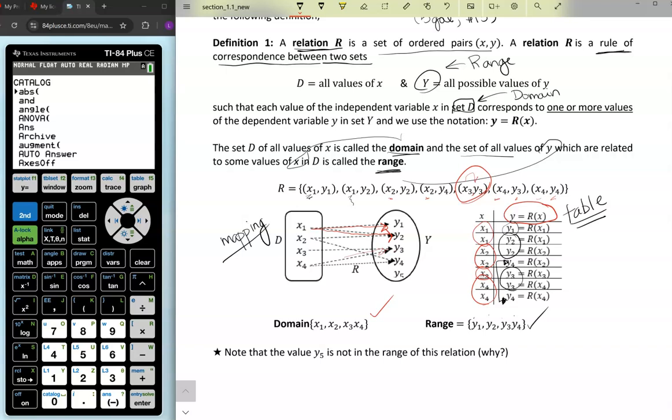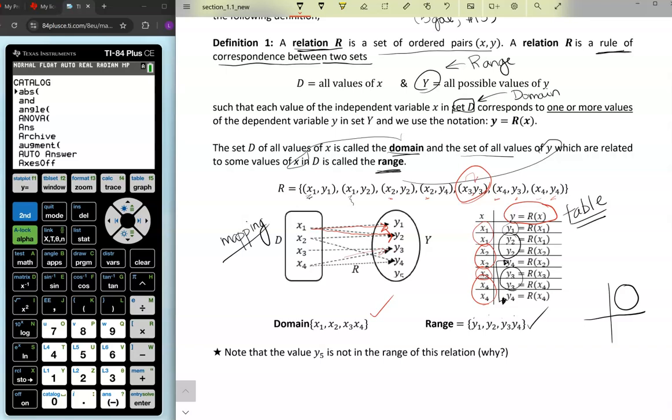Well, the reason it's not in the range is because it does not have a corresponding x value that maps to it. If you remember the previous math classes, you would have relations that you graphed, such as this one. Graph that beautiful circle. Hopefully you graphed that at some point in a previous math class. And this circle represented all of the x and y values that made the circle.